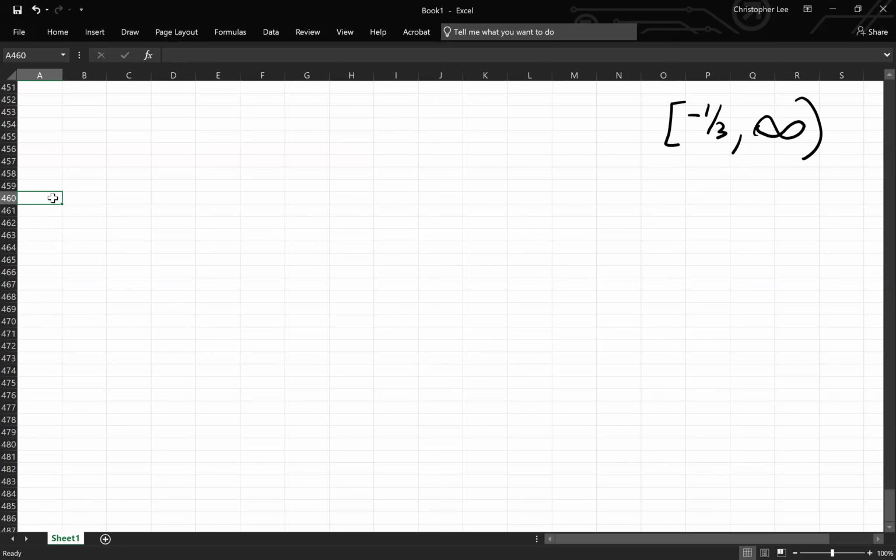Copy it. Make it less than or equal to. What is the interval though? This symbol right here is the wrong one. It needs to be less than or equal to. Literally just copy what's there. And that's it.